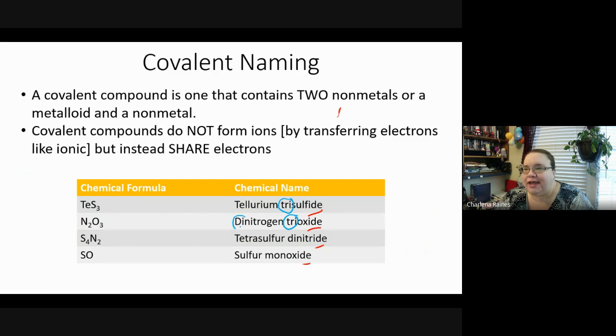So tri, di, tetra, mono, those are called prefixes, and they are used to tell us the number of atoms for that element. Because our elements can share electrons in a variety of ways, we have to indicate the number of atoms using a prefix.